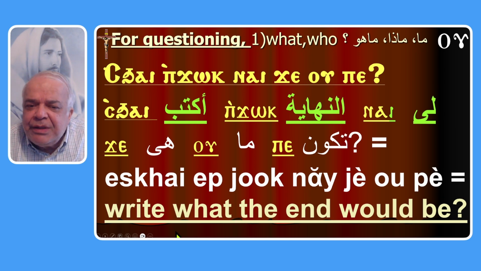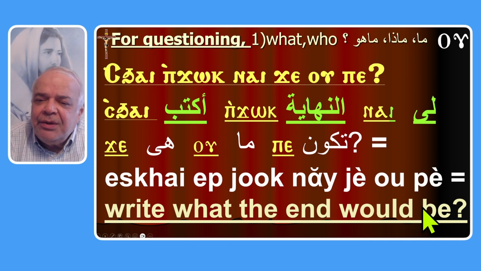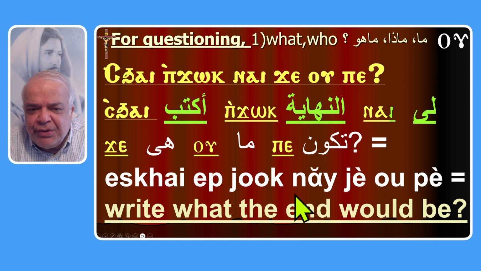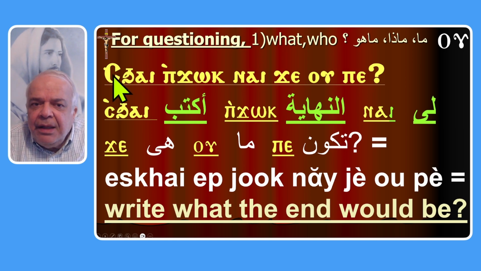O, epsilon is the word what. And P is the word be. See? It's not in the same order as you notice. Let's say it again. Eschai, write. Ebgok, the end. Nai is not mentioned here for me. J, would. O, what. P, be.